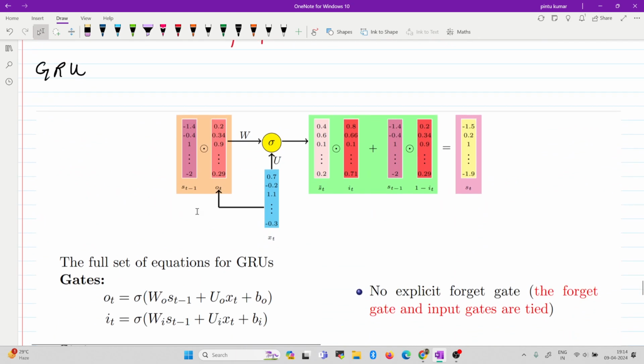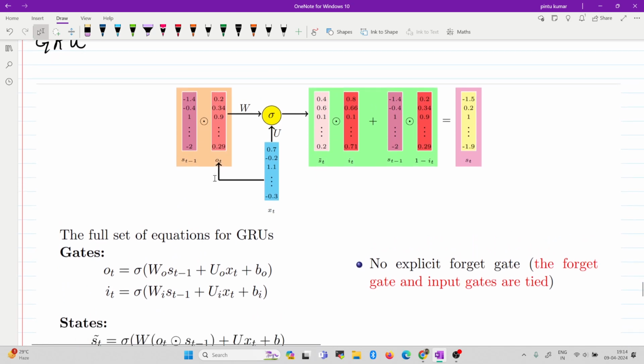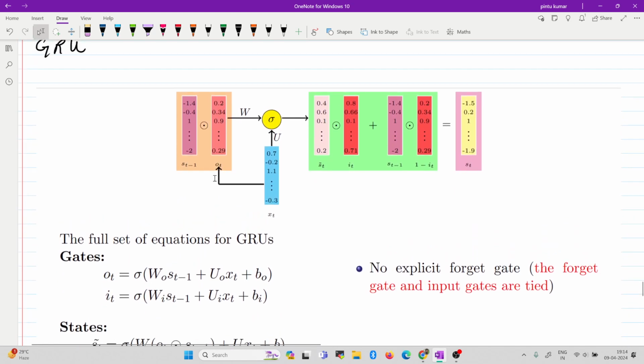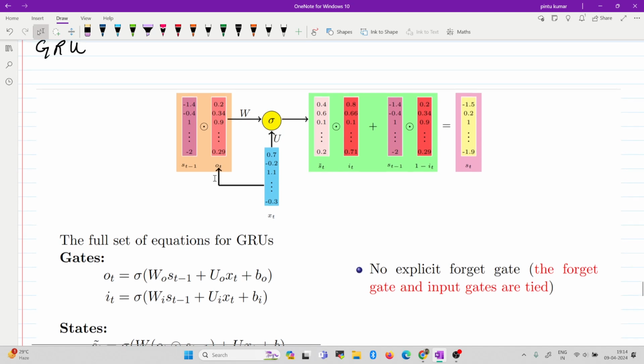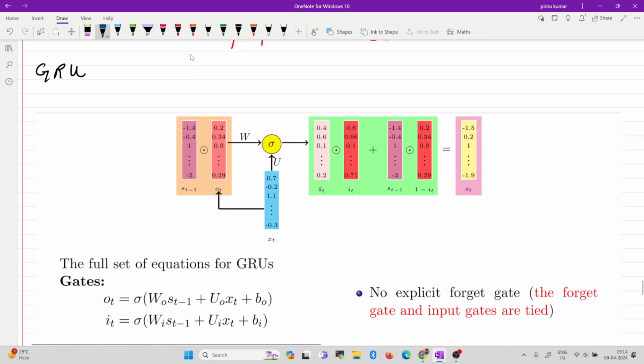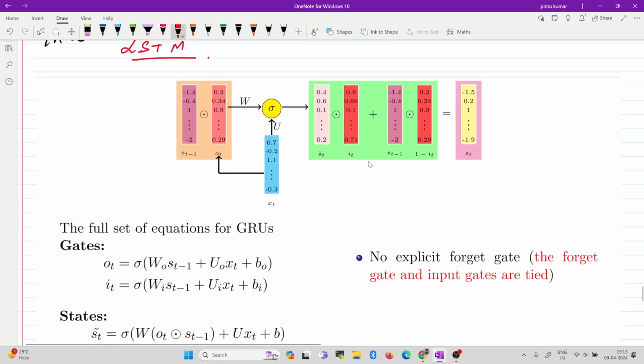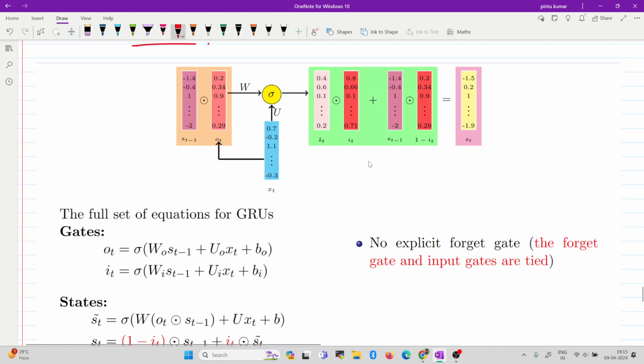There is one more small thing that we have, that is called GRU. GRU is just a variant of your LSTM, which has two modifications. First thing is, you have this O of t that acts straight away on your S of t minus 1.